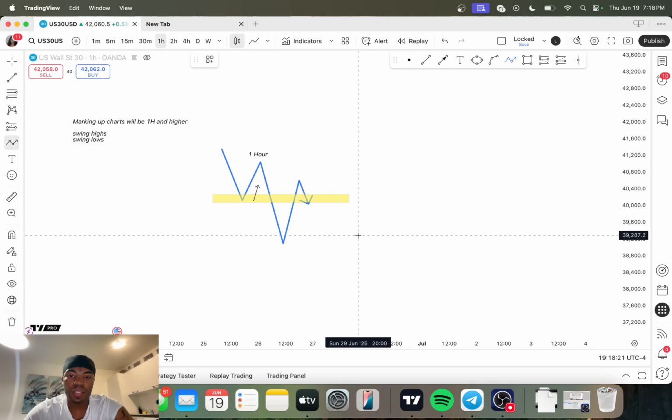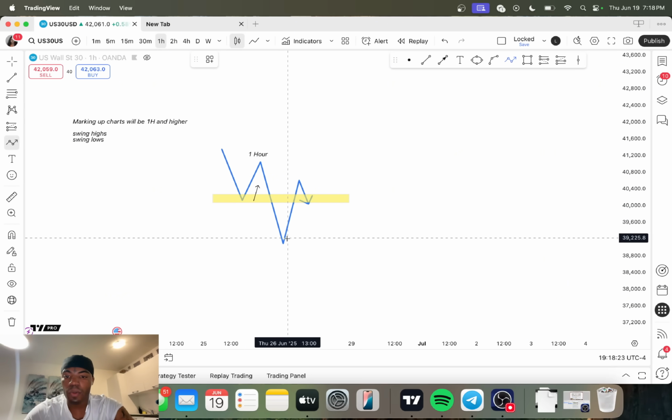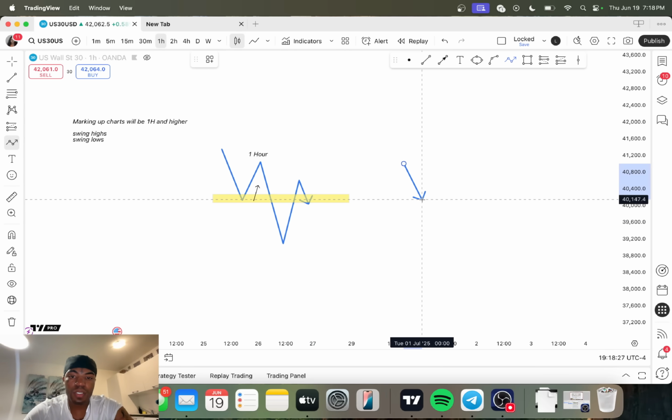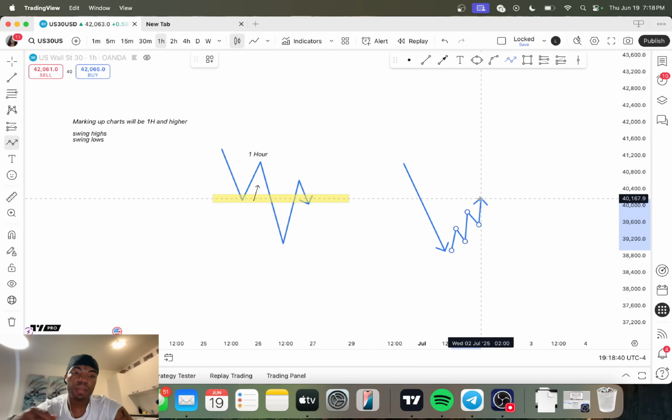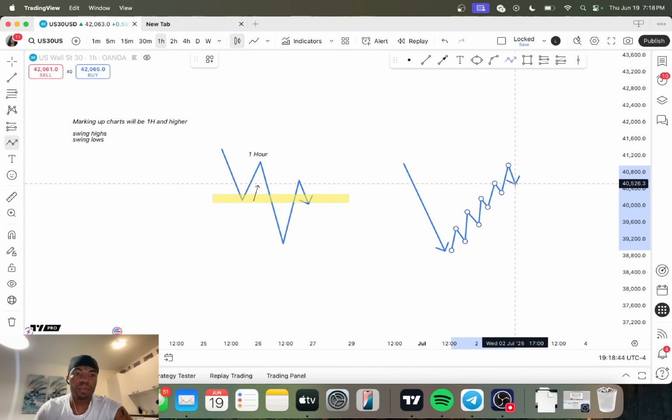So since we're going to scale down to that 15-minute time frame, I'm going to just mark 1 hour time frame, and then we start to see price progress back up. We'll be looking on the 15-minute time frame at this point, right? You'll see price start to progress back up.